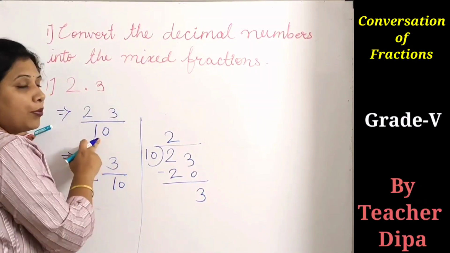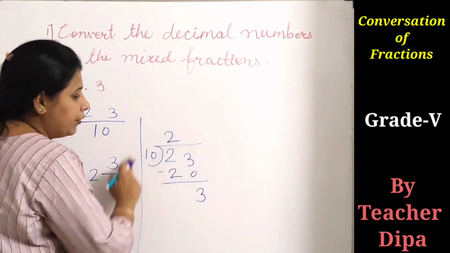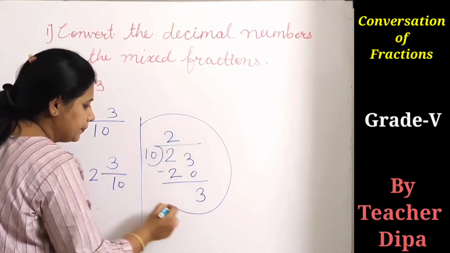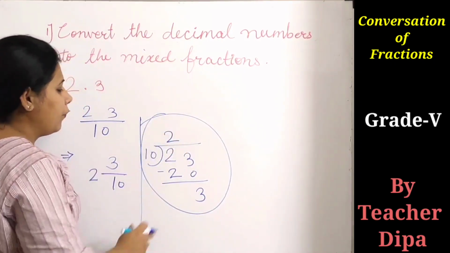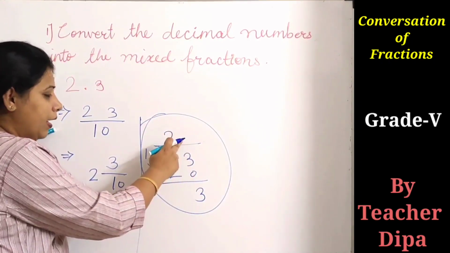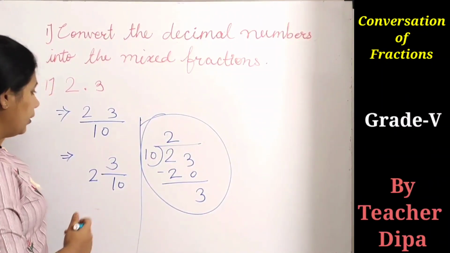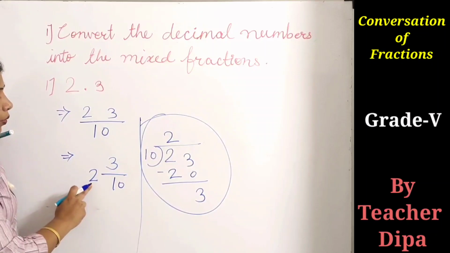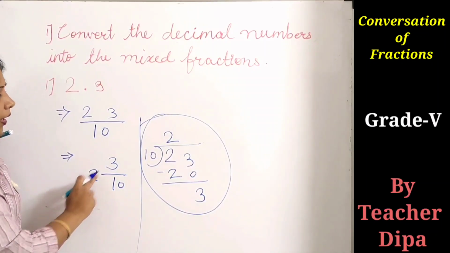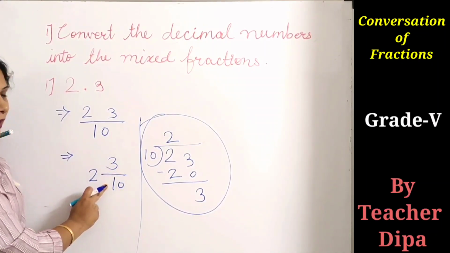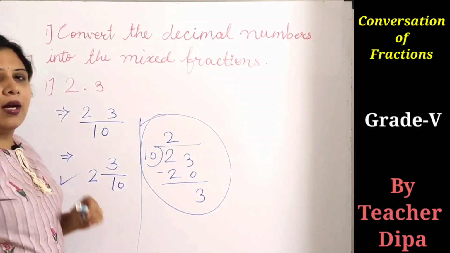Once I got the improper fraction, we have to divide the number like this. This way, we can get the remainder and the answer, and we are dividing by the denominator. So our mixed fraction is 2 as a whole number and 3 upon 10. So this is our answer.